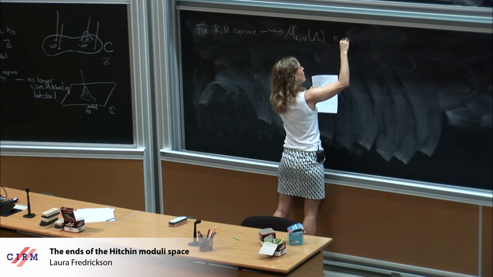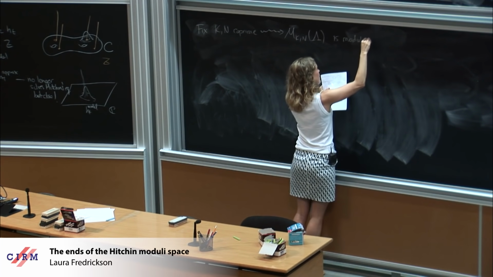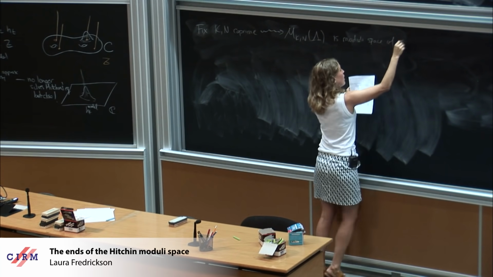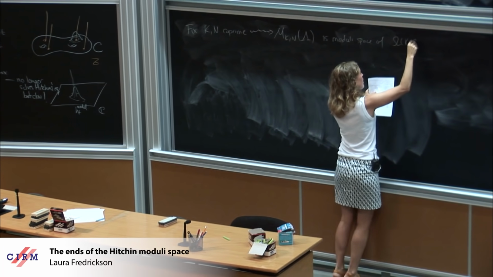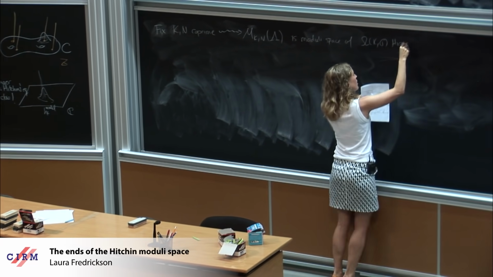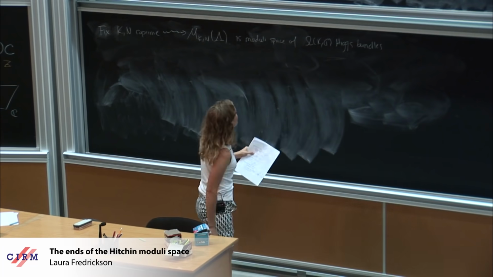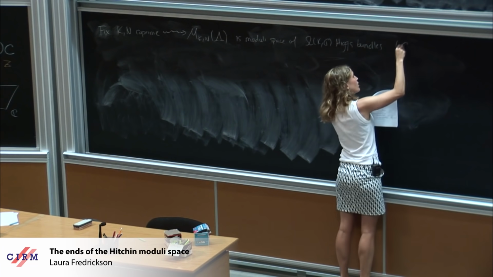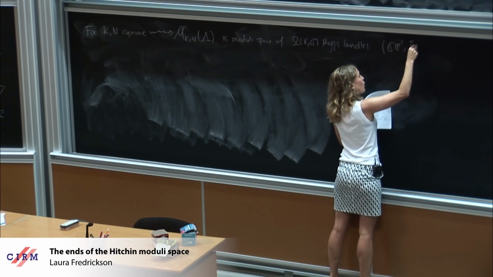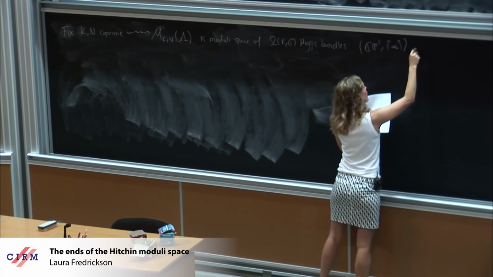This is what we call the moduli space of SL_k C Higgs bundles. The way I was describing this, it was on C, but it'd be better to describe it on CP1 with a marked point at infinity.